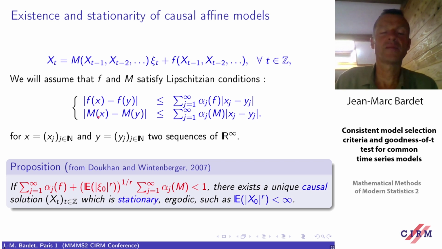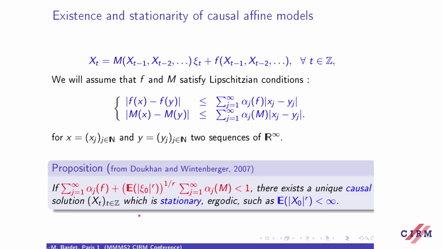And when f and m are continuously differentiable functions, both those families are equal to the supremum of the partial derivatives on R infinite. Okay, so now using those sequences alpha j of f and alpha j of m, we have a very useful condition ensuring the stationarity and the causality.